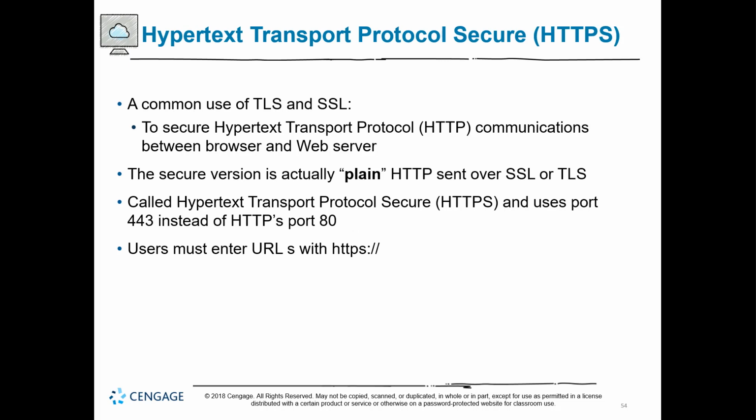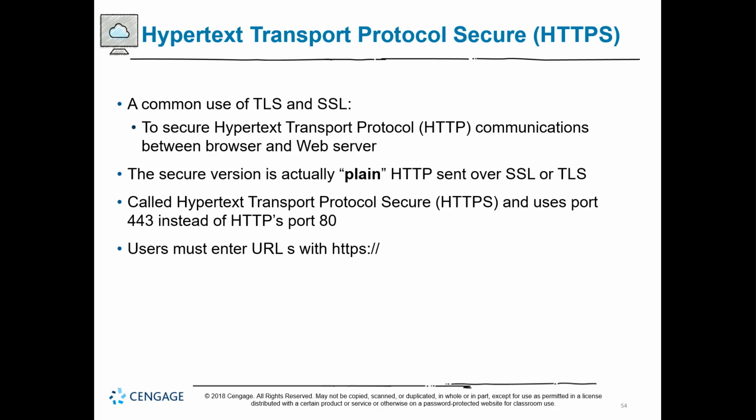HTTPS, again, is the secure version. HTTP is used for just plain text. When we are dealing with HTTPS, that is sent over SSL or TLS, depending, and it will use port 443 instead of the plain HTTP, which uses port 80.